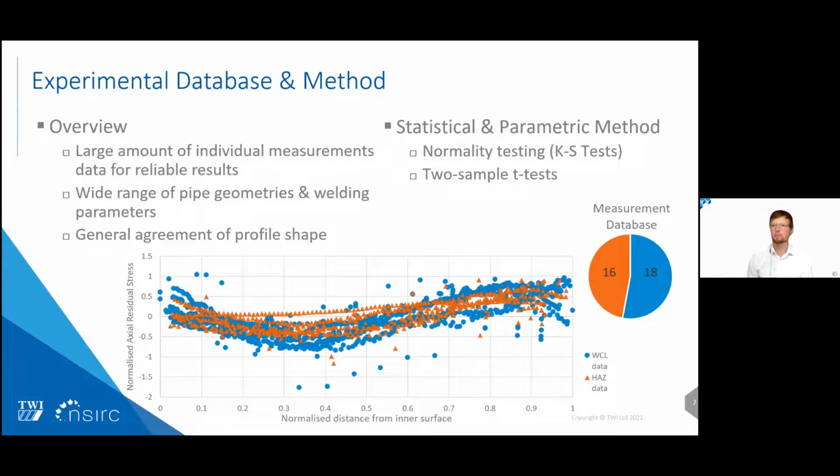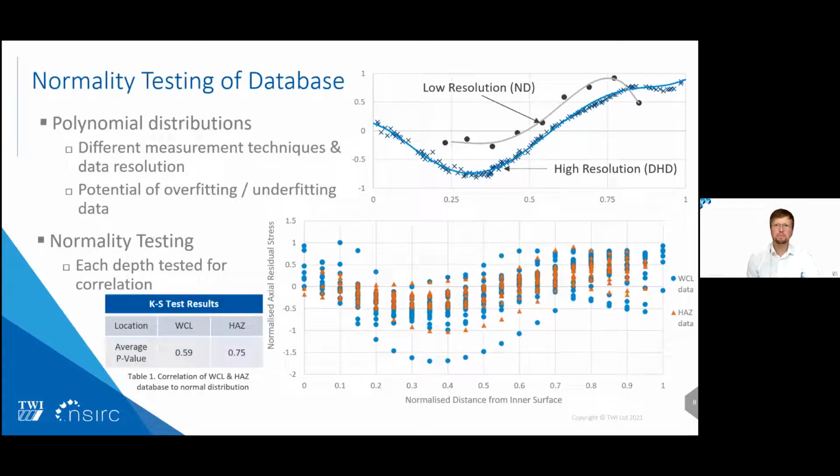I've done some previous work which suggested that residual stresses can be represented using a normal distribution, and these have been done using KS tests, or Kolmogorov-Smirnov tests. I've done other statistical tests, but I haven't presented them here. With this assumption, if your data is normally distributed, you can do further two-sample t-tests, which I'll go into in more detail further on.